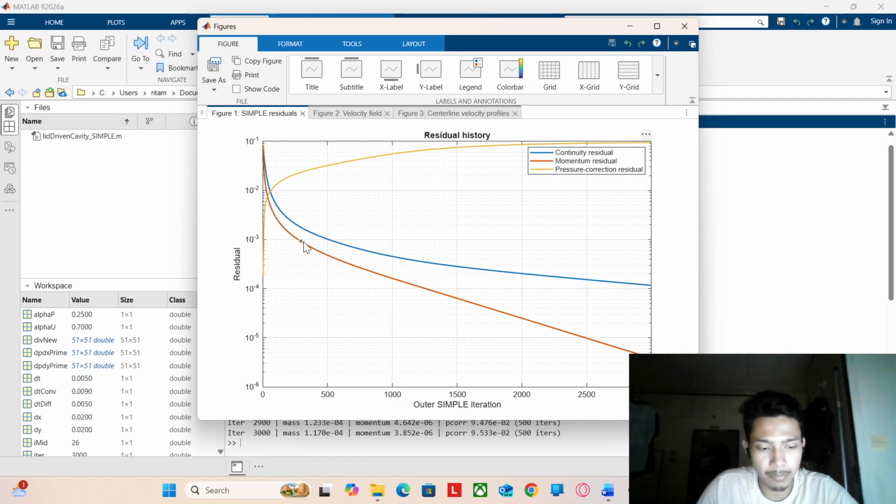Then the orange curve represents momentum residual. It decreases significantly, indicating convergence of the velocity field. Then the yellow curve represents pressure correction residual. It converges more slowly because the Poisson equation is computationally expensive. This is the residual versus iteration graph.